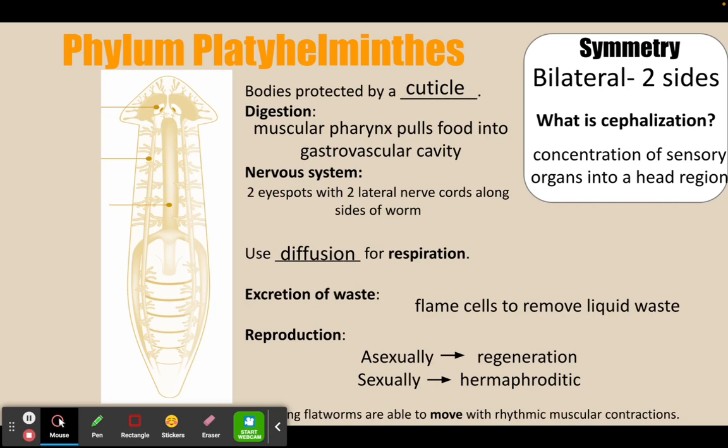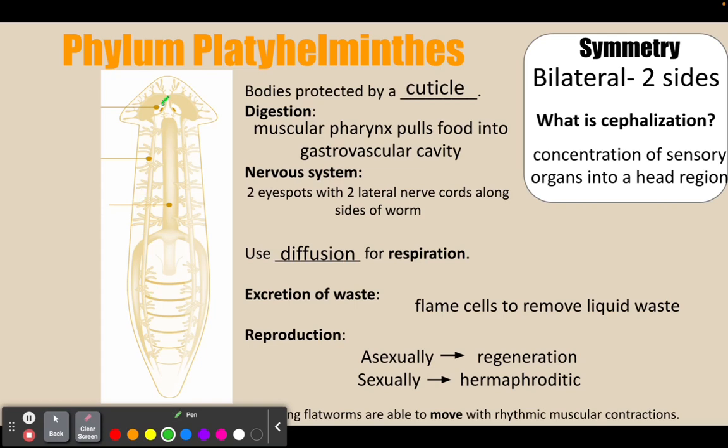I'm going to show you a video in a minute, and they actually extend it from their body, and they use it to kind of suck up their food that way to bring into their gastrovascular cavity. So yes, we do have now a head region because these organisms are bilaterally symmetrical. So there is that cephalization. The interesting thing that I want you to note up here, and we'll label them in just a minute, is the actual presence of 2 eye spots.